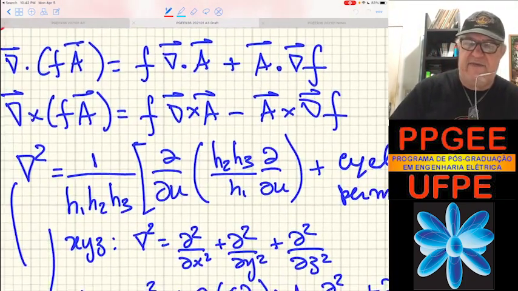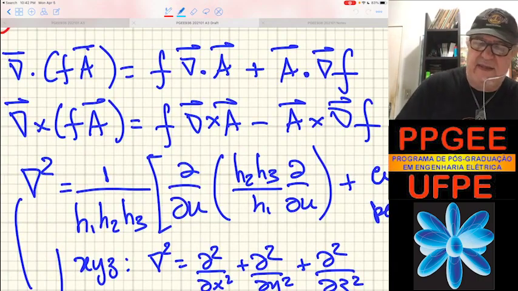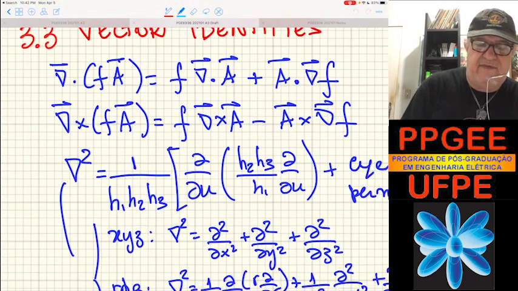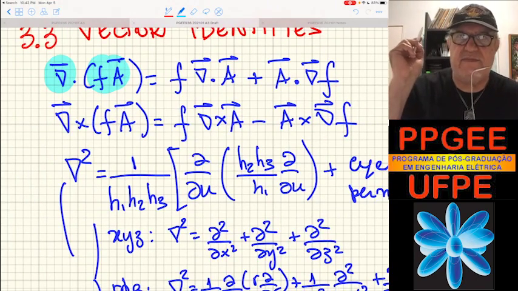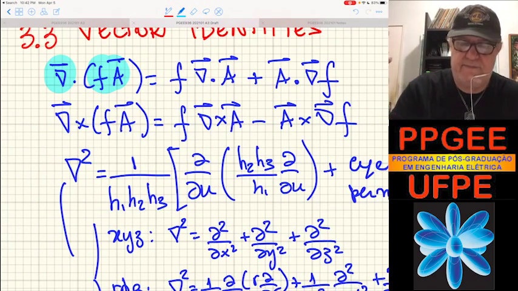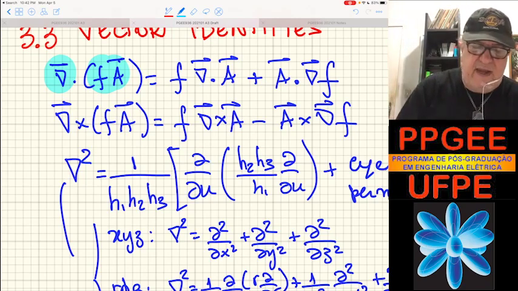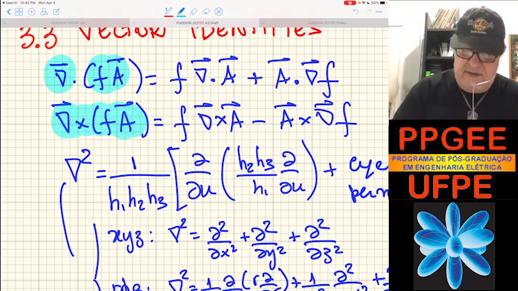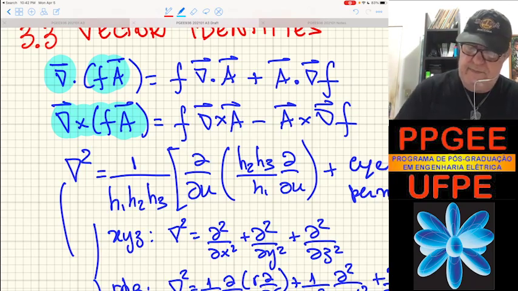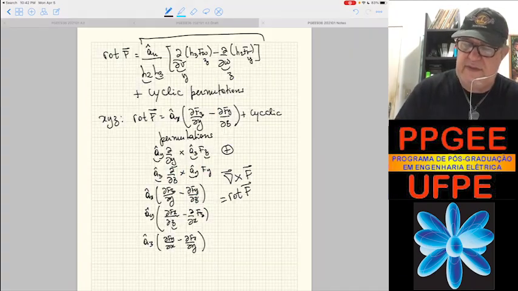So in some situations, you have identities like this one, right? What's the chain rule when you have the divergence of a scalar field times a vector? How do you expand that? In the same way, what's the chain rule when you have the curl of a function times a vector? Let's work through one of those.